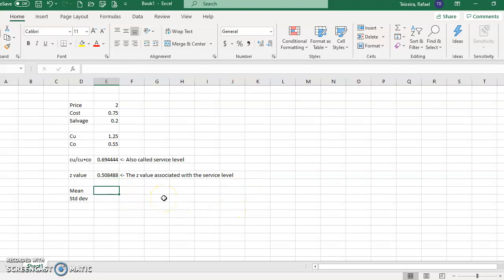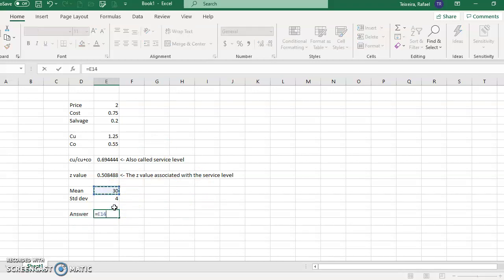I also know that I have an average demand of 30 newspapers, and the standard deviation is 4 newspapers. And then the answer for this problem is going to be equal to my mean, my average demand I want to attend, plus the z-value associated with my service level times the standard deviation.